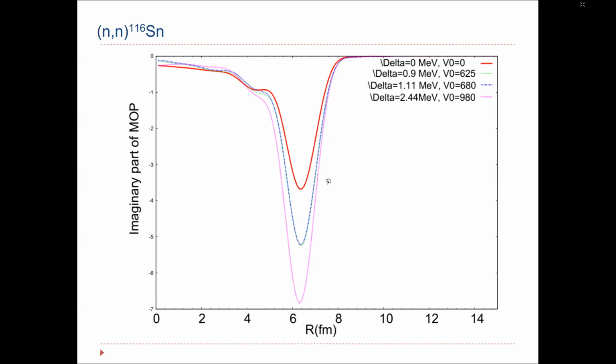And you see that if we increase the pairing, the absorption increases in the surface, but it decreases in the volume. Actually, I don't understand why it decreases in the volume. I don't know. The surface I can understand, but the volume I don't understand. I'm trying to think about it.